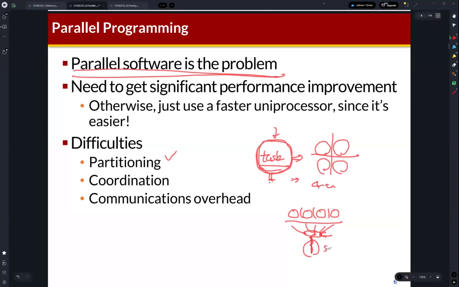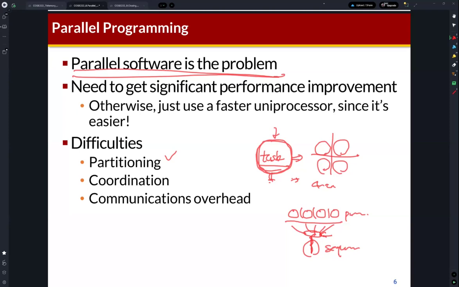So this is the sequential part, and this is the parallelizable part. This is the partitioning issue. Also the coordination. If the tasks are partitioned into multiple parts, these partitions need to cooperate, but it's not always easy, right?